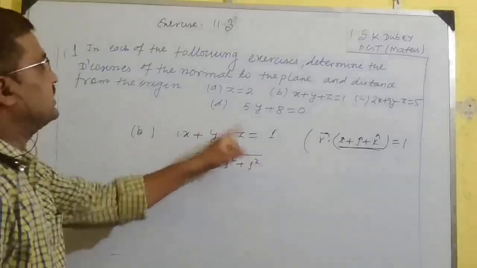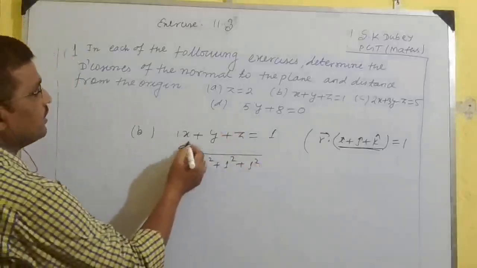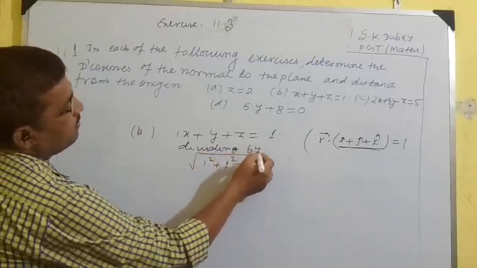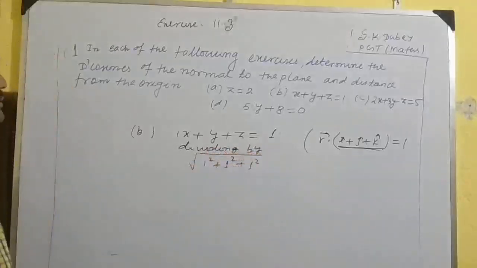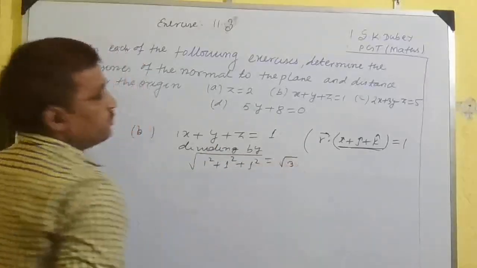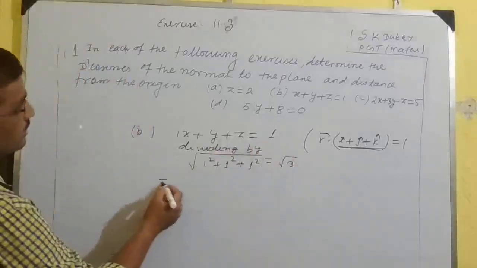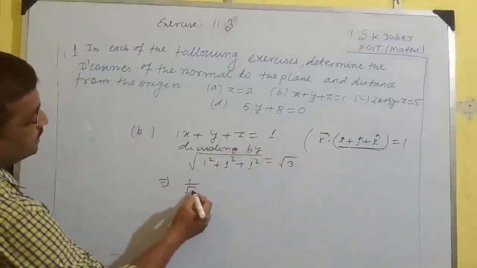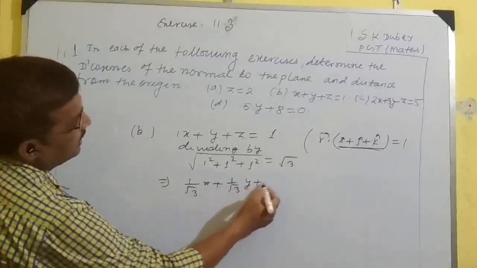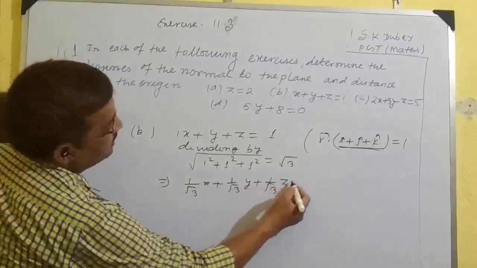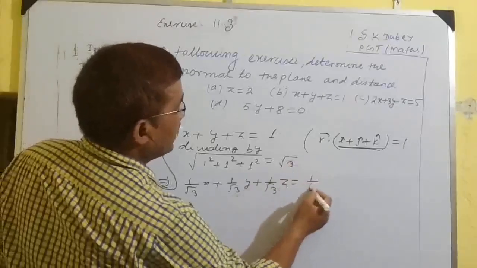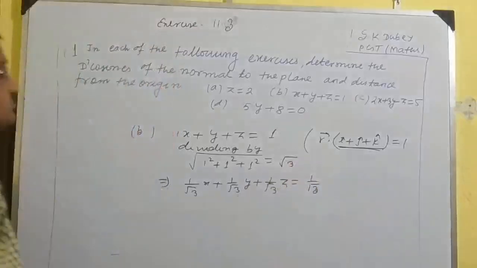Coefficient of x, y, z is 1 here, divided by under root 1 square plus 1 square plus 1 square, that is root over 3. To both sides of the plane, we get 1 by root 3x plus 1 by root 3y plus 1 by root 3z is equal to 1 by root 3.